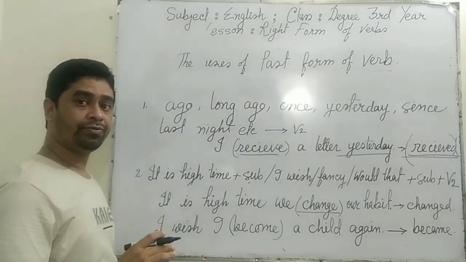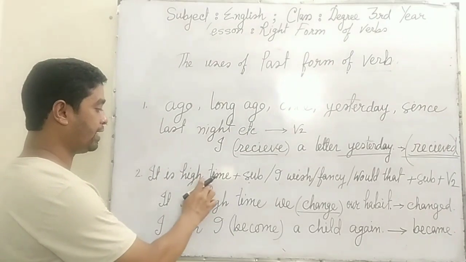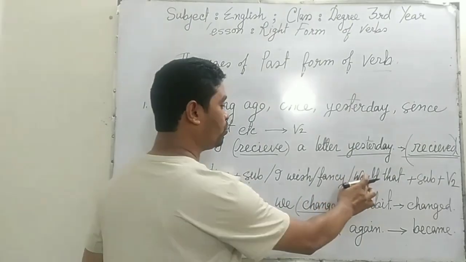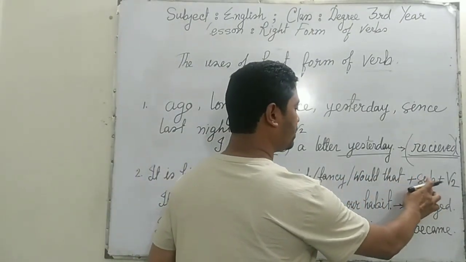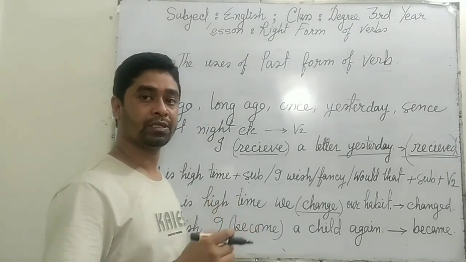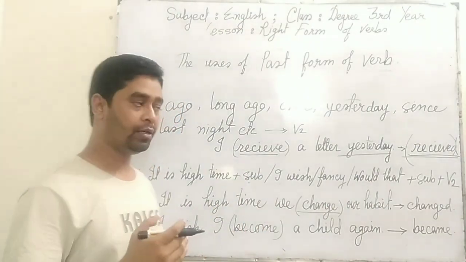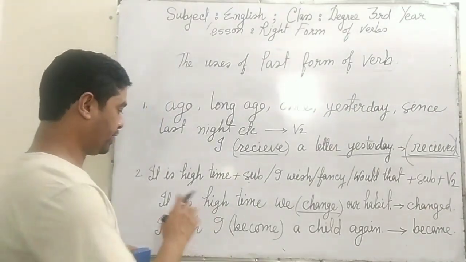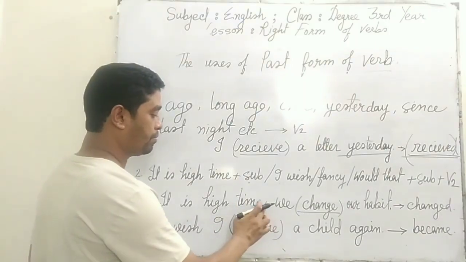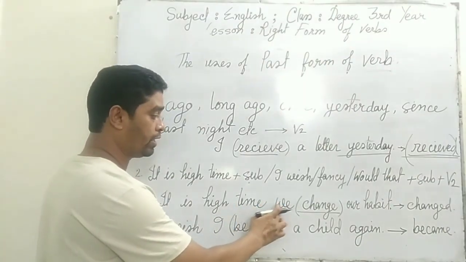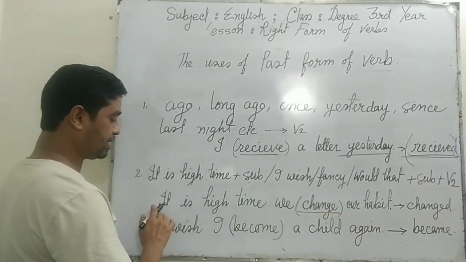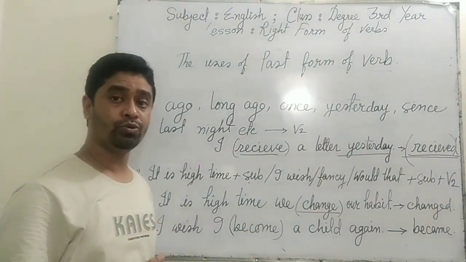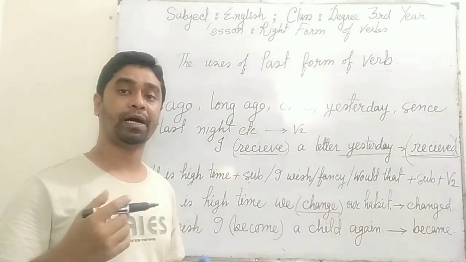Second, if in a sentence we find it is high time plus subject, or I wish, fancy, would that plus subject plus V2, that means the past form of the verbs, then we have to use the past form of the verbs. For example, it is high time plus subject, we change our habit. In this sentence, it is high time plus subject, then we have to use the verb in past form.